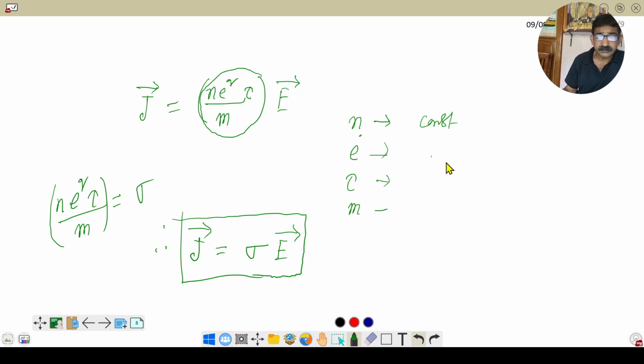Now, if we draw an analogy between this law and Ohm's law, we know I is equal to V by R. The electric field E is equal to V by L, where L is the length between two terminals.